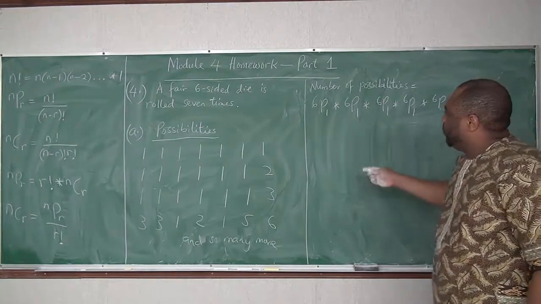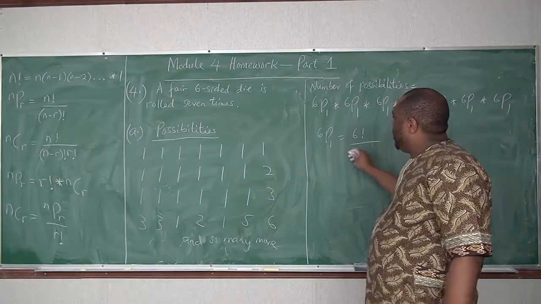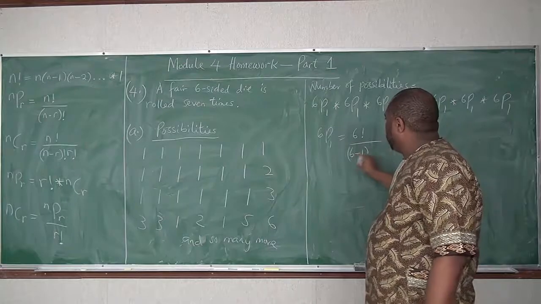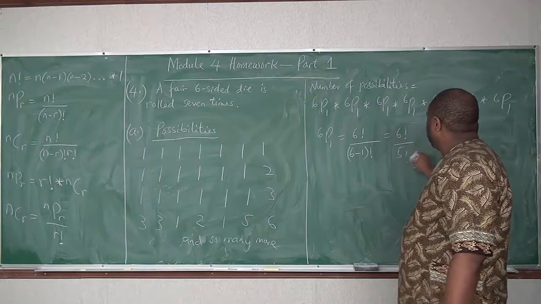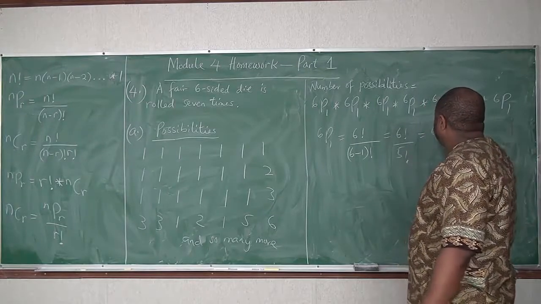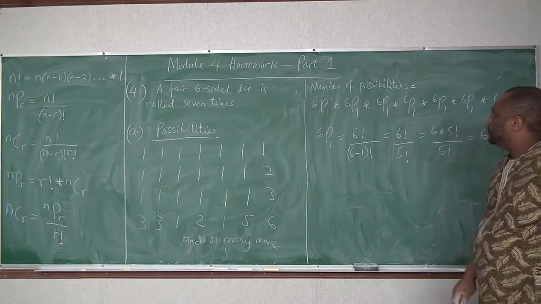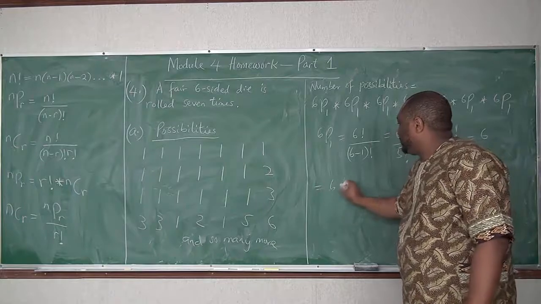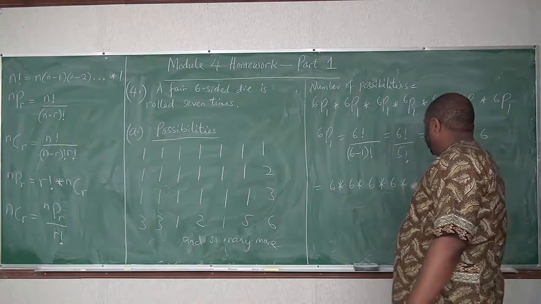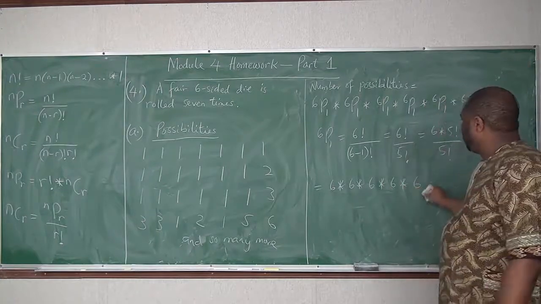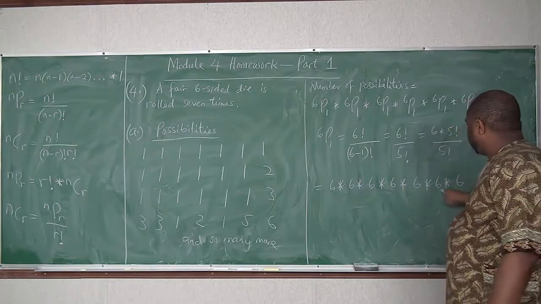So 6P1 gives us what? 6P1 gives us 6 factorial over 6 minus 1 factorial. So this is 6 factorial over 5 factorial, which is 6 times 5 factorial over 5 factorial, which is 6. So actually the number of possibilities is 6 times 6 times 6, seven times in total.